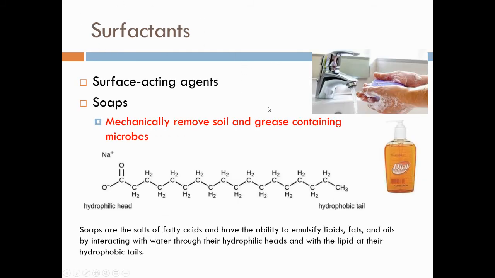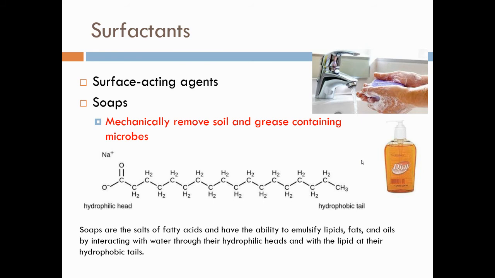Surfactants. Soaps are surfactants. They are surface acting agents. They mechanically lift. You see this in a lot of commercials on soaps. Lifts and washes away grease, stains, microbes. So soaps mechanically lift and remove soil and grease that contain microbes.